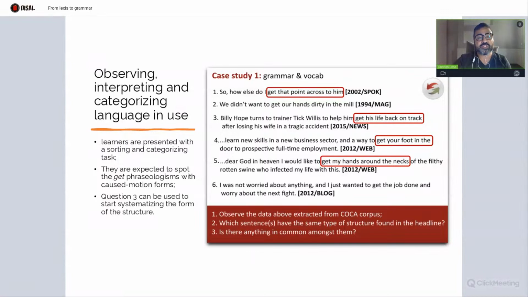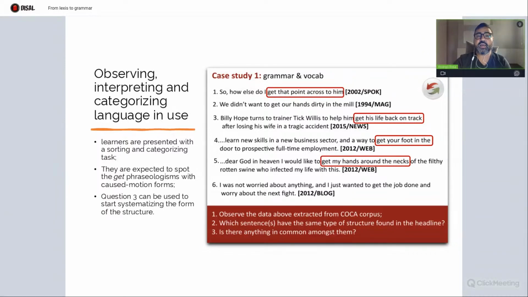And the third question, question number 3, can be used to start systematizing the form of the structure. So is there anything in common amongst them? Oh, it seems that we have a verb here, we have something else which is represented by the object, and we have a place towards which this is being dislocated.